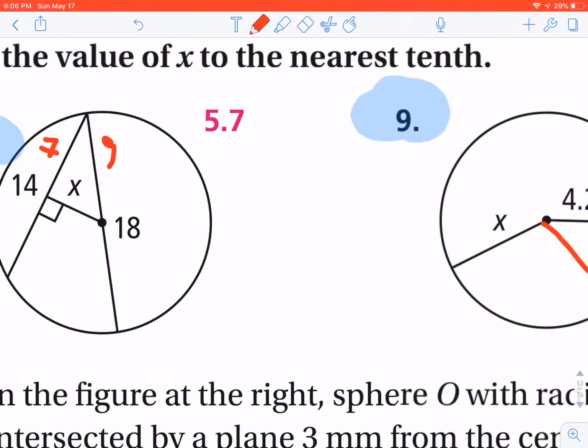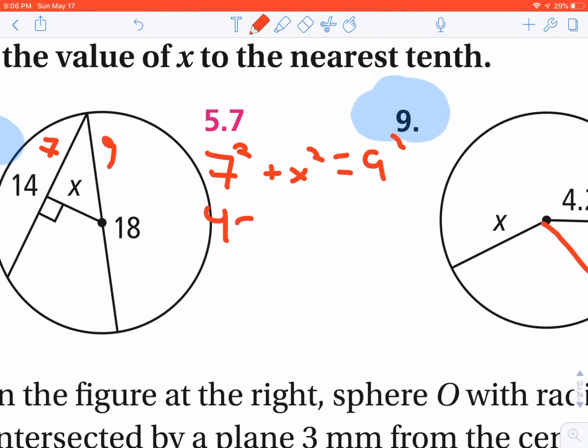So now, if I go to solve my Pythagorean theorem, 7 squared plus x squared, because this is a leg and that's the other leg, is going to be equal to 9 squared.